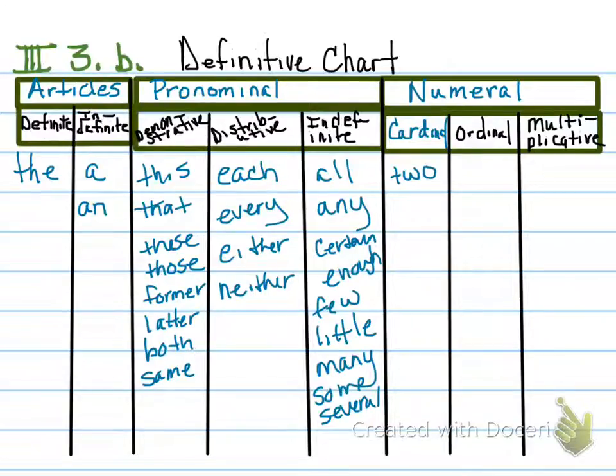It could be ordinal words like the second girl in line, or it could be multiplicative like fourfold, which is a big one that you'll see, threefold, twofold. Those are kinds of words that we don't use a lot in the writing we're doing now, but you will see it in a lot of writing.